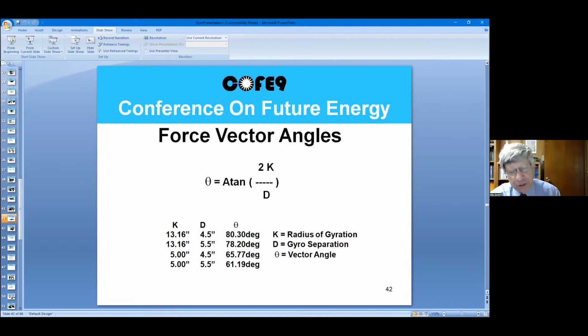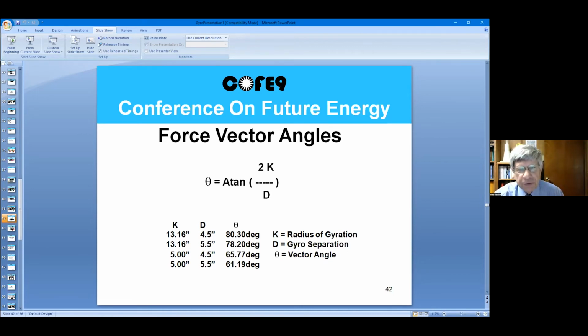Now the next one is I do a little bit of testing on this angle. The smaller the angle, the more force the system generates. So you have two variables to work with, the separation distance d and the radius of gyration k. So the first entry was what we just calculated.